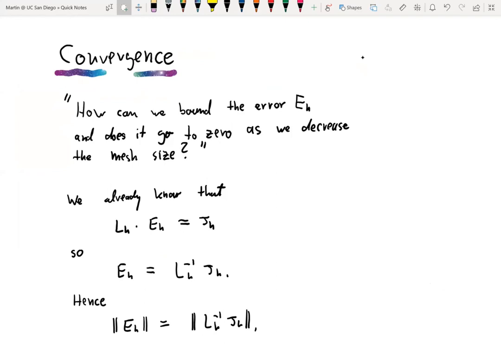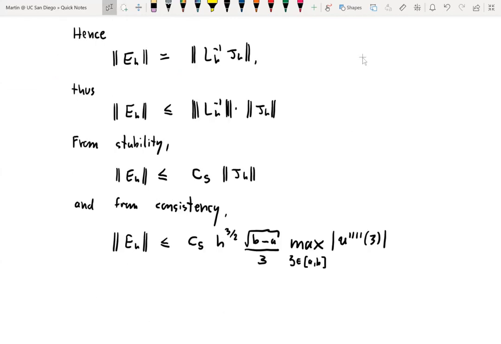Okay, we already know that LH times EH equals the truncation error tau H. And so in particular, EH equals LH inverse times the truncation error tau H. And hence we have that the norm of EH is the same as the norm of LH inverse times tau H. Now we can use an inequality about matrix norms, namely, we immediately get that the norm of EH is bounded from above by the matrix norm of LH inverse times the norm of tau H.